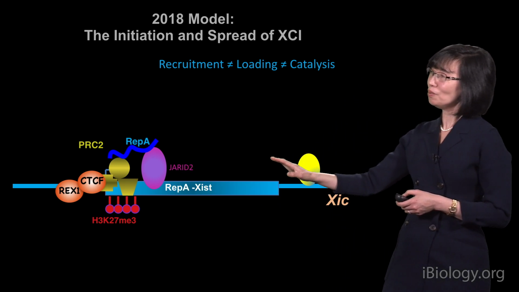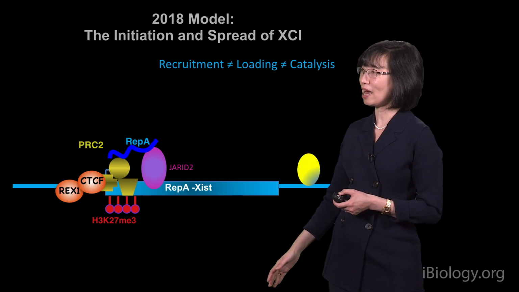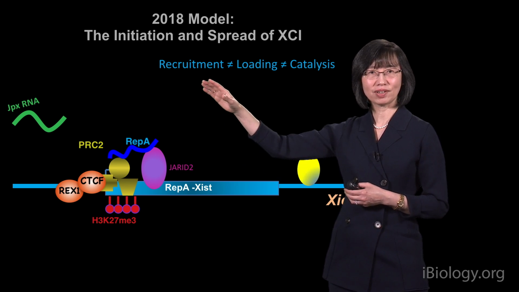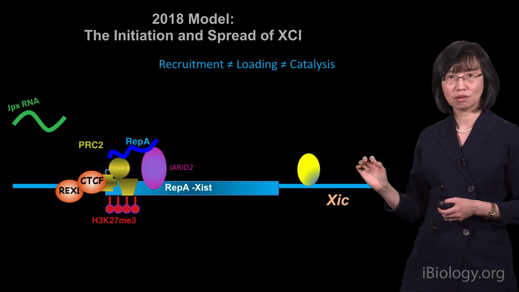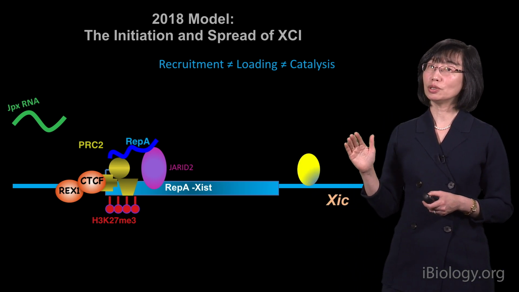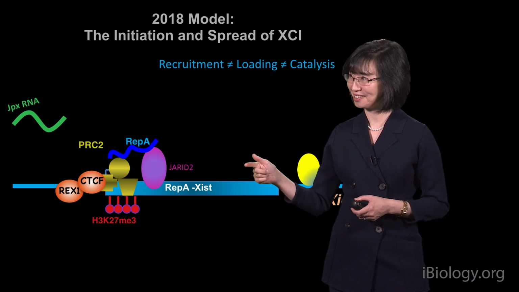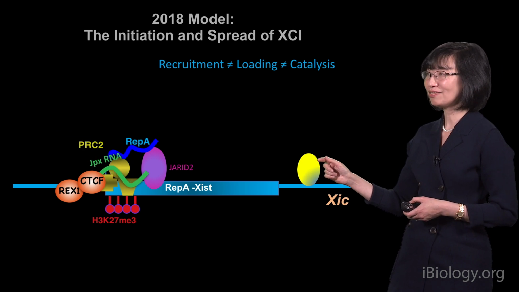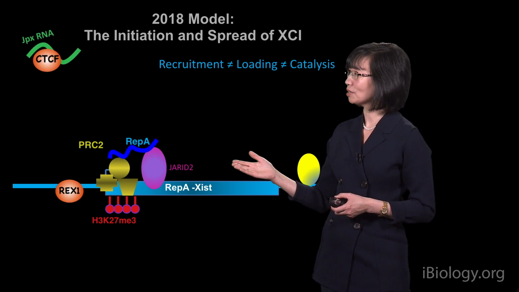Okay, so while all of this is happening, at the same time, we see that JPX RNA, this RNA which is just upstream of Xist, is transcriptionally upregulated tenfold. And when it crosses a certain threshold, as it will do only in the female cell, because the female has 2 copies of JPX, JPX evicts CTCF from the 5' end of Xist.